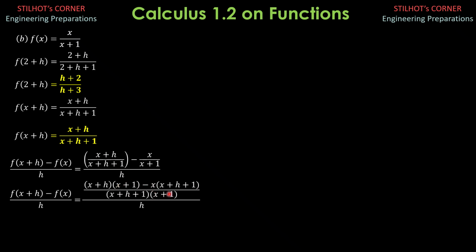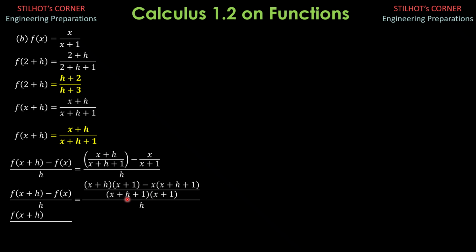This is simplified further into numerator, copy, divided by h, so supposedly numerator times reciprocal of h, 1 over h. So this h will be multiplied by this denominator.